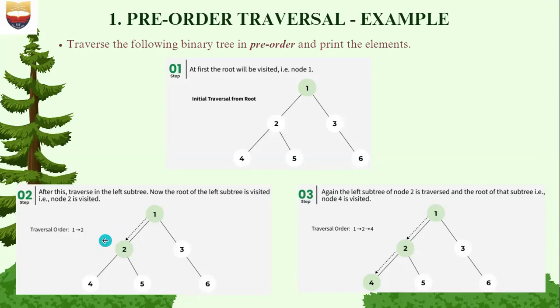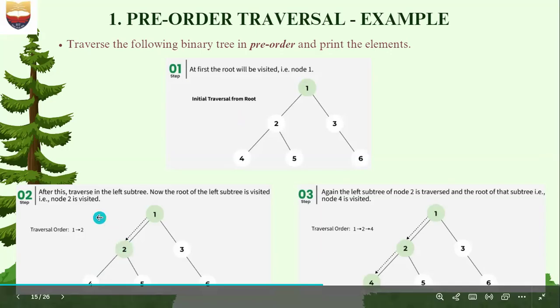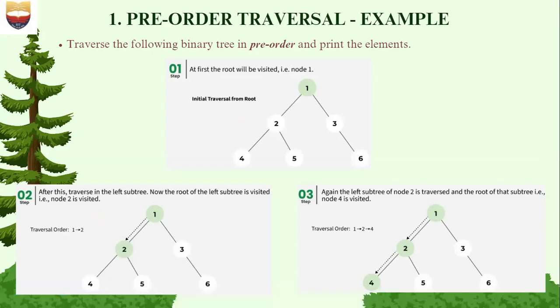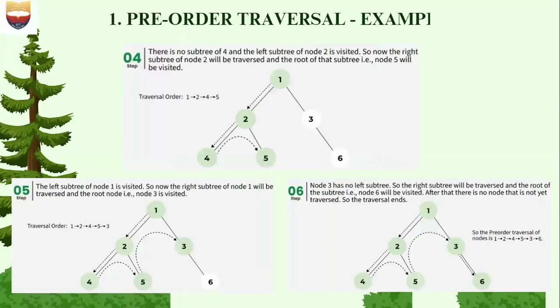And in this left subtree, the root node or parent node is 2. Therefore, we have to visit node 2 at first. Okay. So the next visited node is 2. And in step 3 only, we go to the left child of 2, that is 4. And only after completing the left child, we can go to the right child of the parent node 2, that is 5. Now we have completed the traversal of the left subtree of the root node.